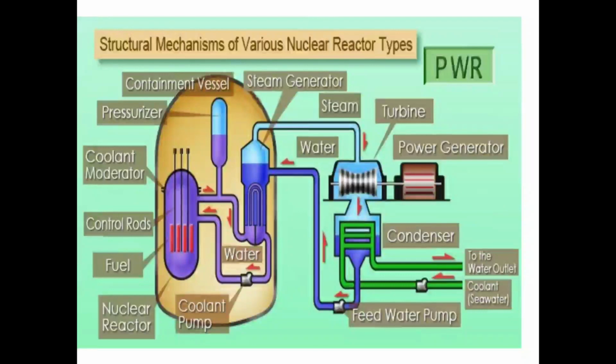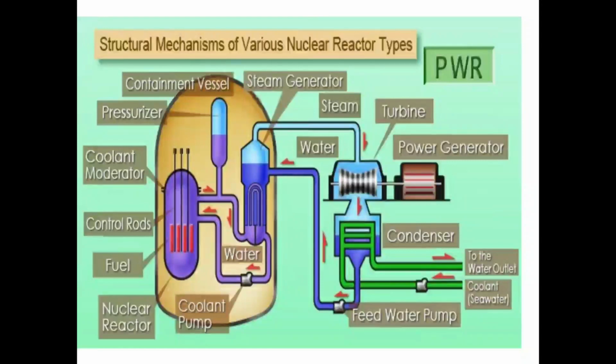Let's now throw some light on the pressurized water reactor and the boiling water reactor. First, let us explain the pressurized water reactor. The reactor core produces heat by fission.